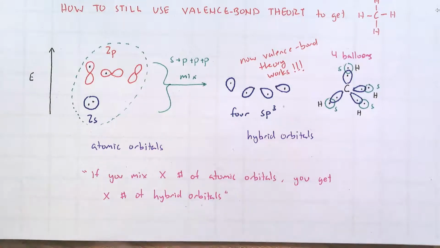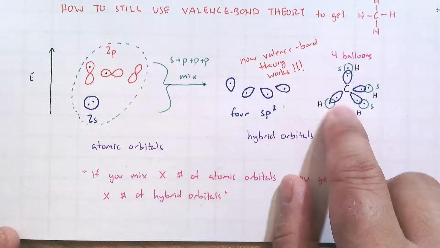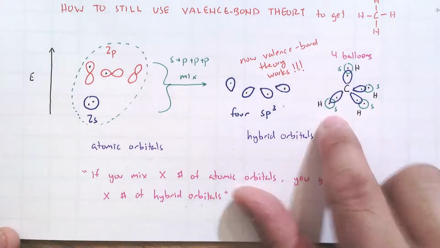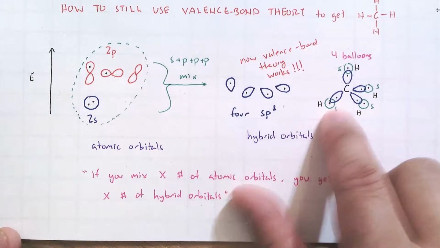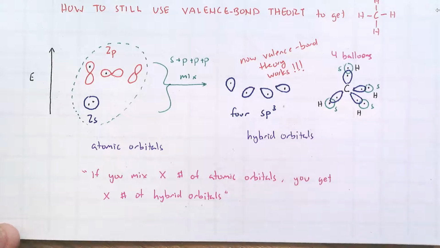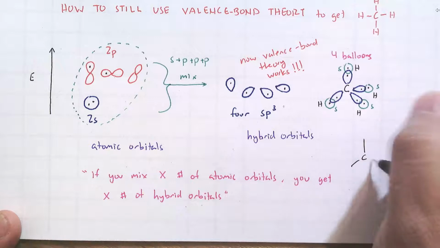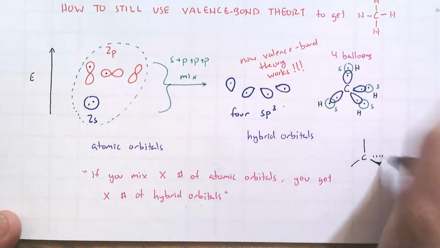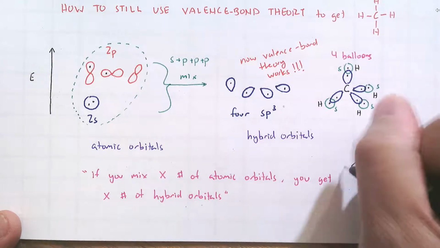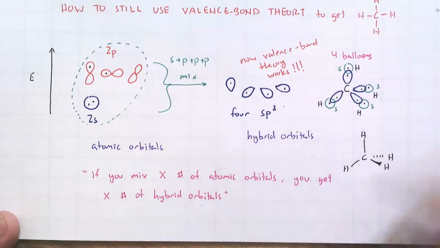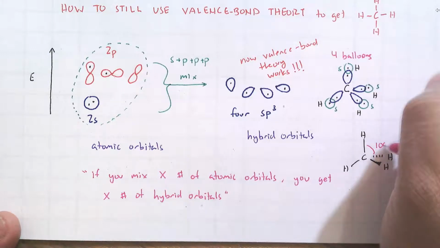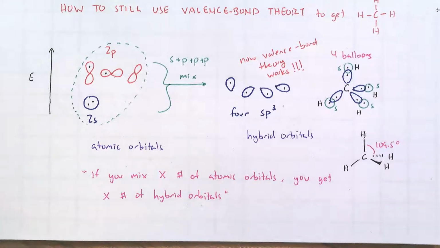But they're still orbitals of the atom, and you're overlapping them with orbitals of a different atom, the one you want to make a bond to. And like I said, this is tetrahedral. So let's draw the lines and the dashes in 3 dimensions, and you get a tetrahedral carbon, 109.5 degrees.